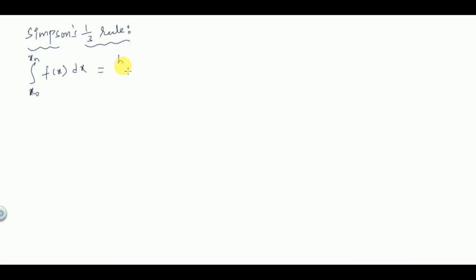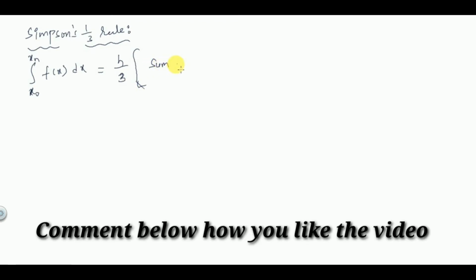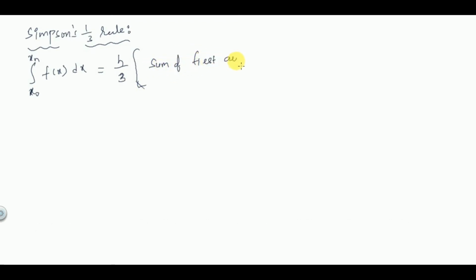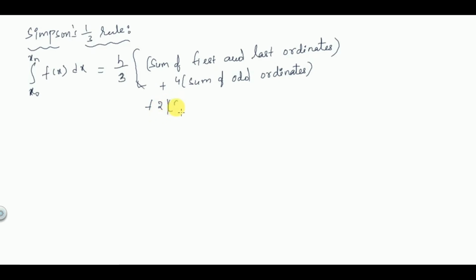The formula is given like this: h by 3 into the sum of first and last ordinates, plus 4 into the sum of odd ordinates, plus 2 into the sum of remaining even ordinates. That's all. This is the formula.